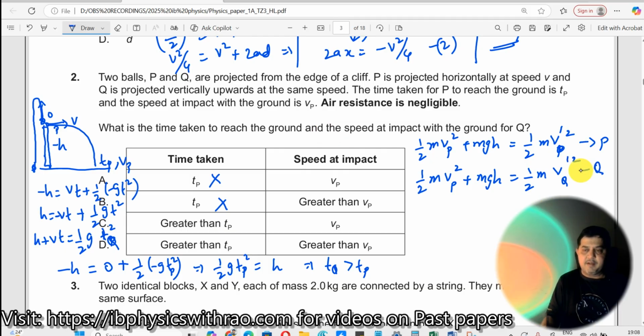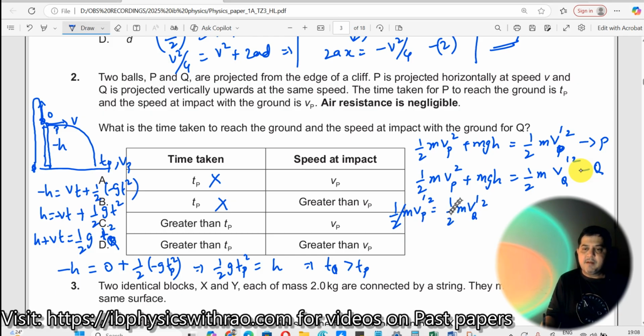As you see here, on the left hand side, half m v square plus mgh is the same for both particles. So the right hand sides we can equate: half m vp dash square is equal to half m vq dash square.